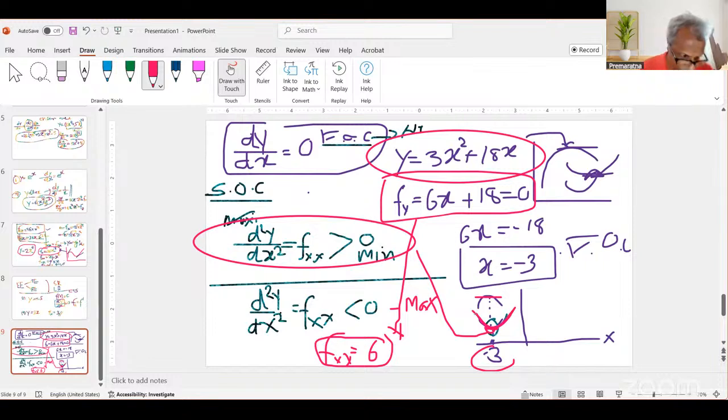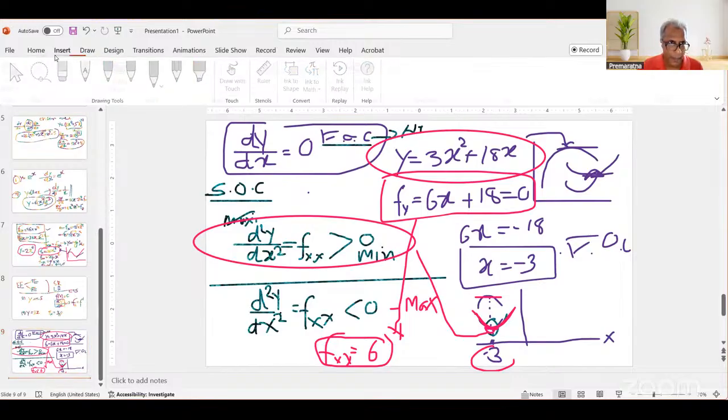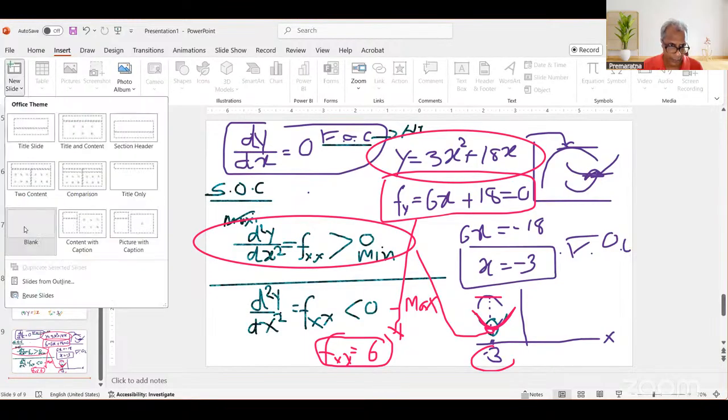Now I'll give a very simple example. Maybe you can try it after the class.